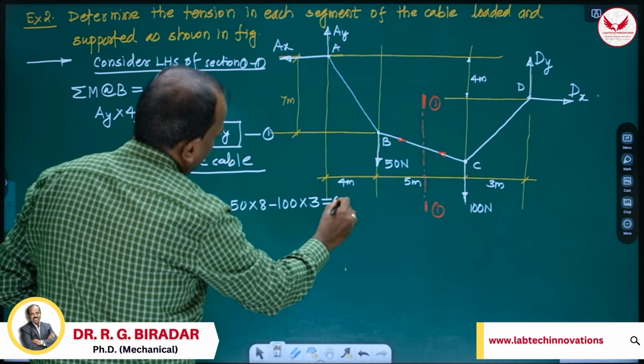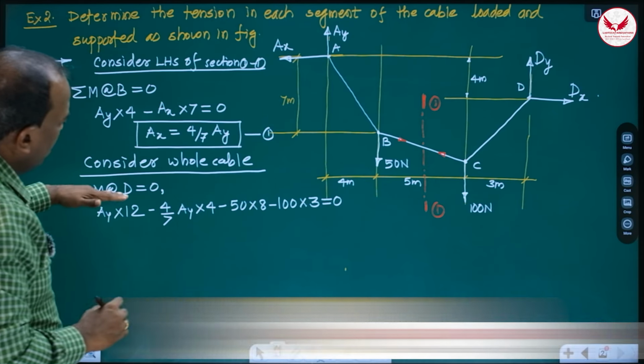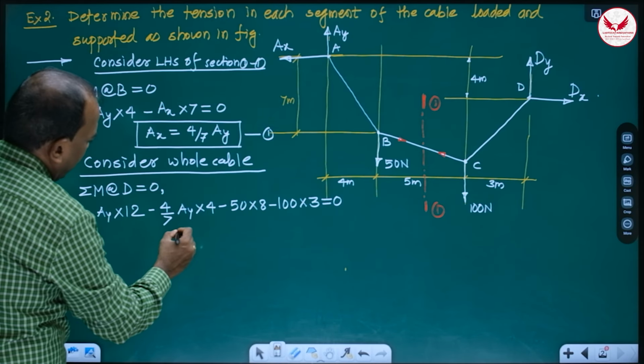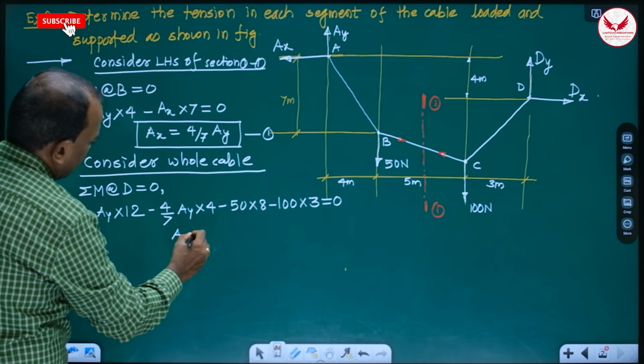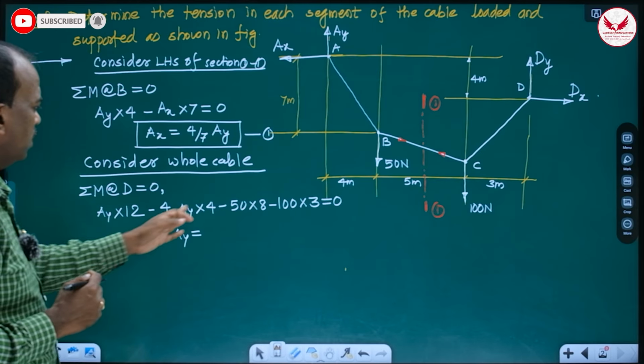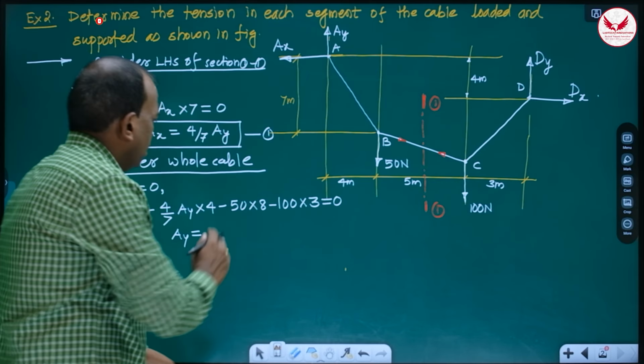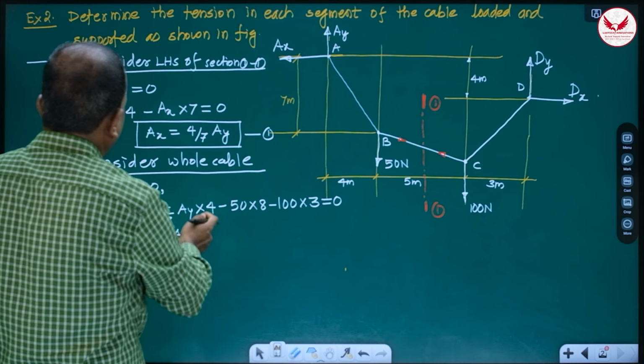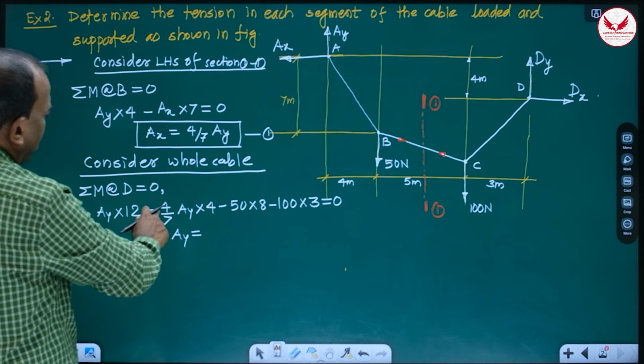And now see what is the advantage of this. This equation is only in terms of AY. So first, this term will be on the right hand side. And what will be the term in the bracket?